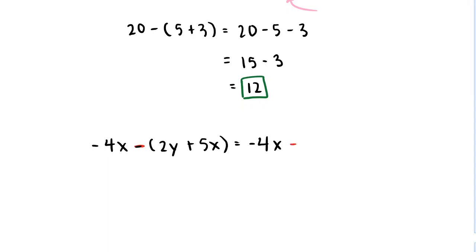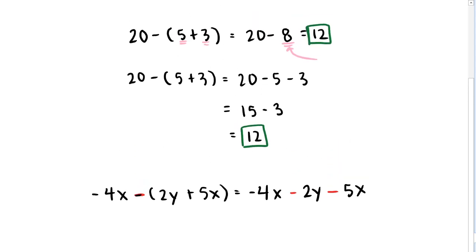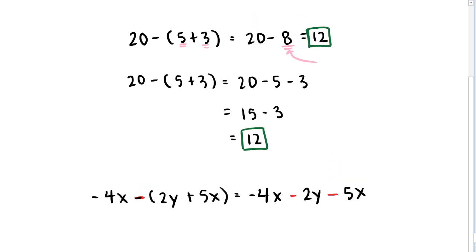So this is the same as minus 2y, as well as minus 5x. So this is identical to what we did above. Here we have this minus 5 plus 3, and that was the same as subtracting that 5 and subtracting that 3. We change the signs in each of the terms in that group.